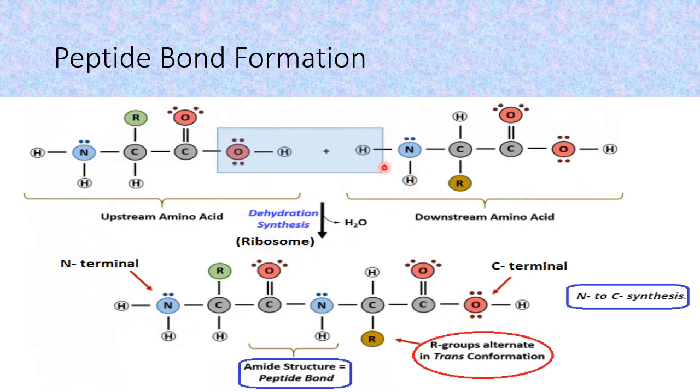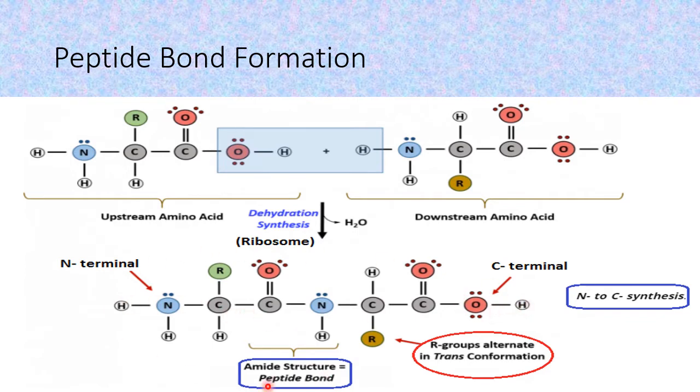Now, this process, that is this dehydration synthesis, which leads to the formation of the peptide bond or the amide group, is catalyzed by the ribosome itself, a ribozyme-catalyzed reaction. So a molecule of water is released and it leads to the formation of an amide structure that is known as the peptide bond between the two amino acids.